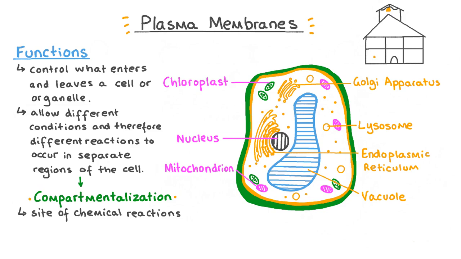Just like you might have different lessons in different classrooms of the school, different reactions will be occurring in each organelle of the cell. The plasma membranes separate these organelles, much like the walls in the school can often separate the classrooms. You probably wouldn't have the paints for art class in the same room as the science lab. And the cell, ideally, wouldn't have the chemicals that allow it to carry out respiration in the same organelle as the lysosome that deals with its waste.